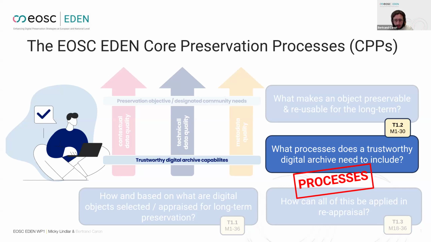But we considered that it had some value and that it could be shared with the whole digital preservation and research data management community. And we consider that this could also be used for other objectives like training or advocacy. So we will certainly be interested in what you could do with them.